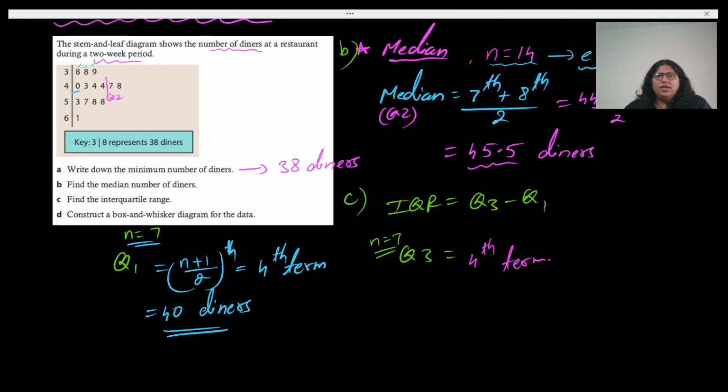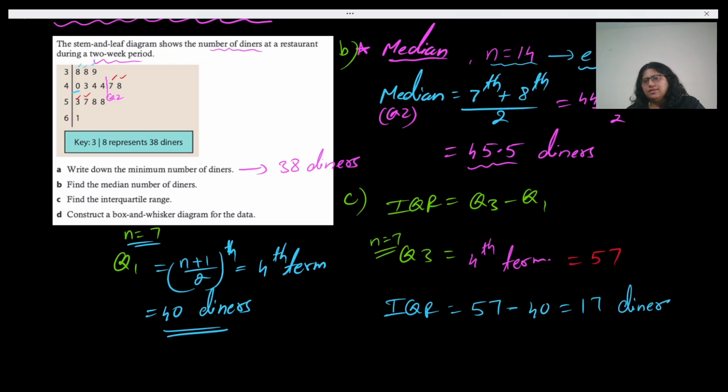Counting first, second, third, fourth, your upper quartile is 57. So your interquartile range is 57 minus 40, which is 17 diners, right?